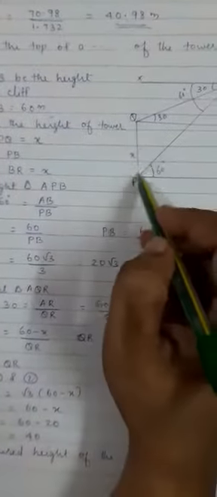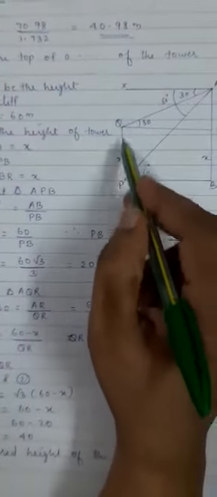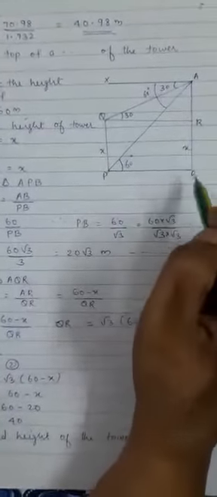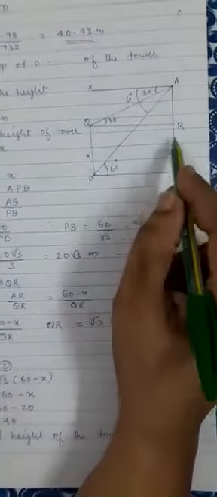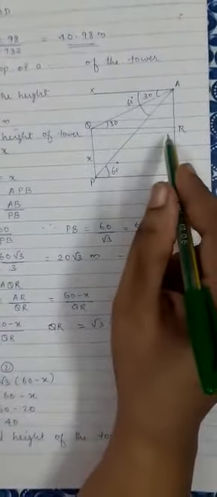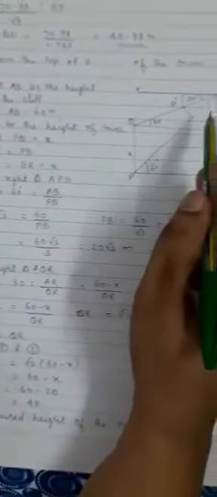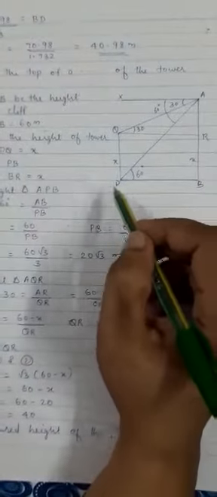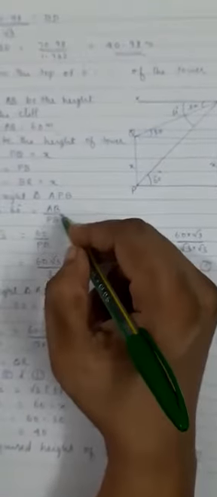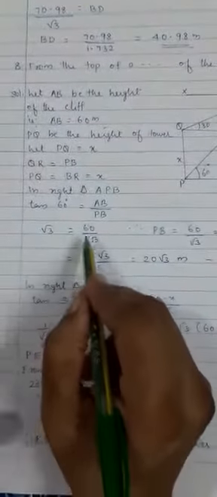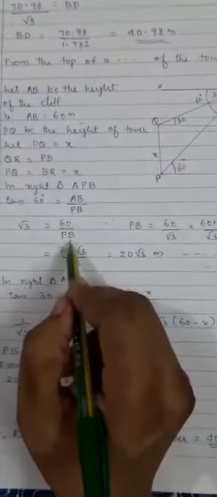Let the height of the tower be x. That is, PQ is equal to x. Therefore, BR is also x. In the right angle triangle APB, tan 60 degrees is equal to AB divided by PB. That is, root 3 is equal to 60 divided by PB.